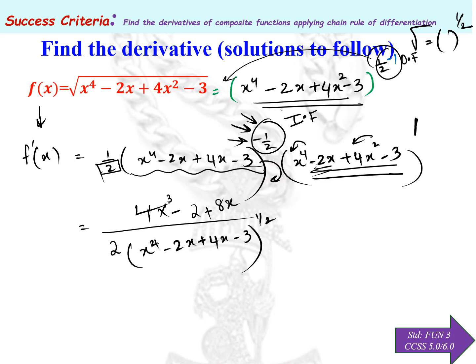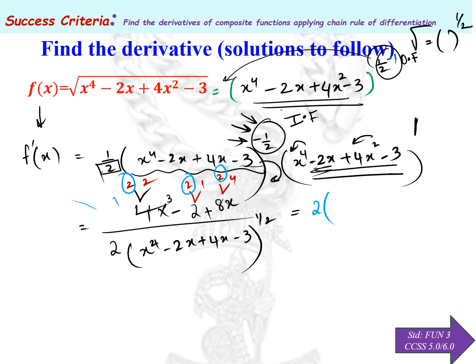So again you can take the 2 common. Why? Because look at this: 2 times 2 is 4, 2 times 1 is 2, and 2 times 4 is 8. So what is common in them? 1, 2. So this has 2, here is 2, here is 2. So we will write the 2 as a common factor. What is left now?